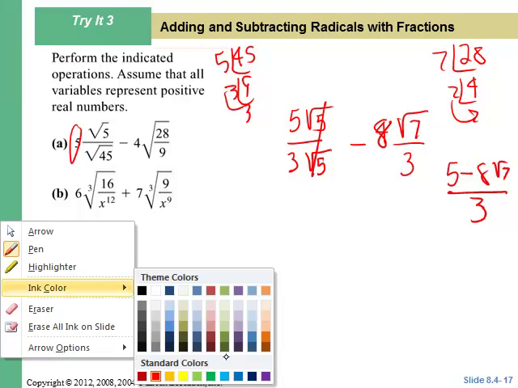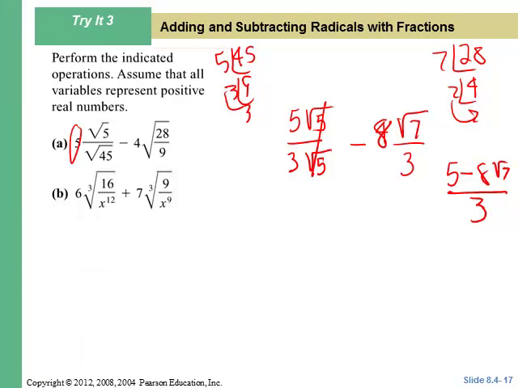For the other one, x to the 12th, the cube root of x to the 12th is x to the 4th. Cube root of 16 is 2 root 2 cube root 2, but there's already a 6, so that makes it 12 cube root 2 plus cube root of x to the 9th is x to the 3rd.